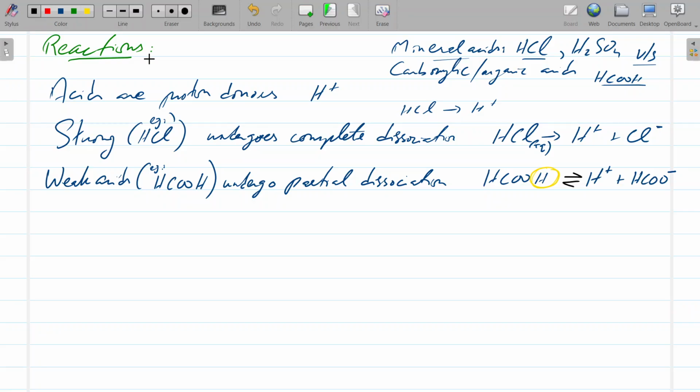Now, carboxylic acids are weak, right? Nothing to be ashamed about. What are the reactions that they undergo? So, one of the acids is ethanoic acid, right?